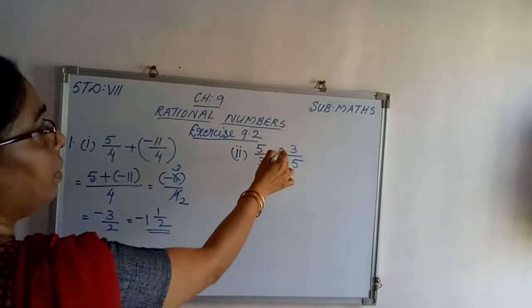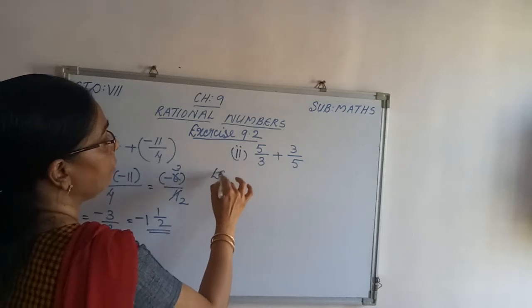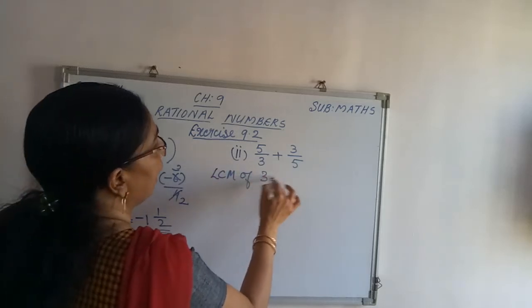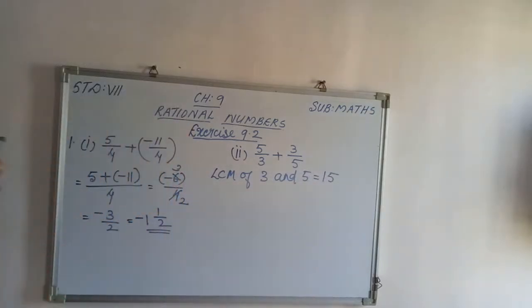Now question 2. 5/3 plus 3/5. Here denominators are different. So the LCM of 3 and 5 is equal to 15. Now keep the LCM as the common denominator.